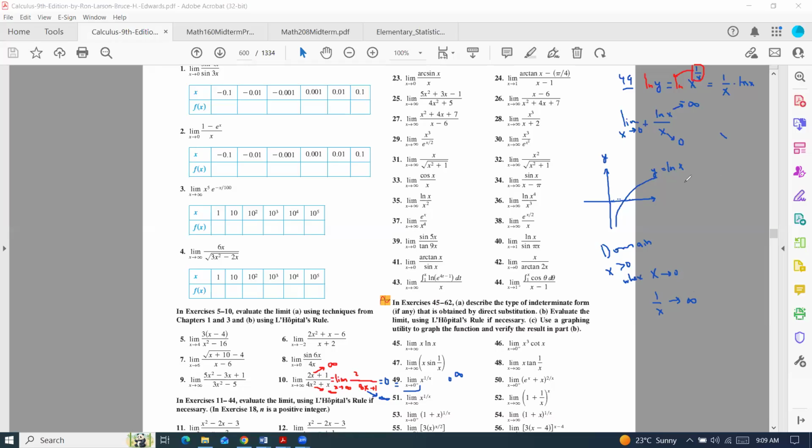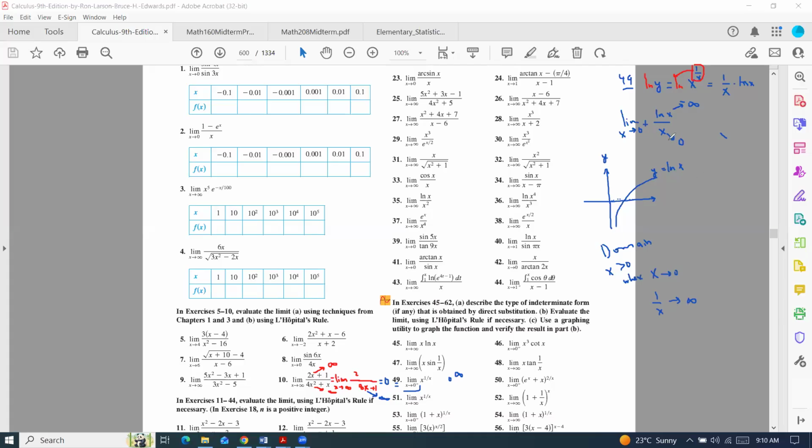Because I really want to turn this somehow into infinity over infinity or 0 over 0. If I put my infinity instead of 1 over x, it's not going to work. So maybe I can somehow change it.